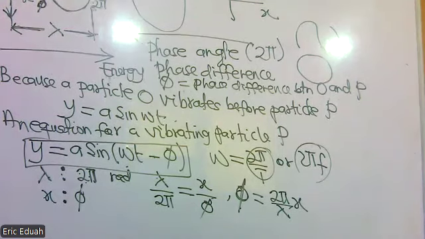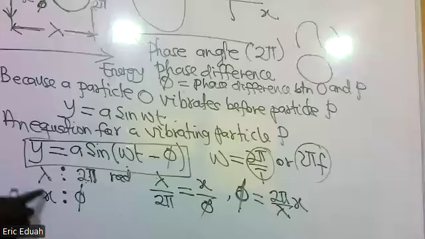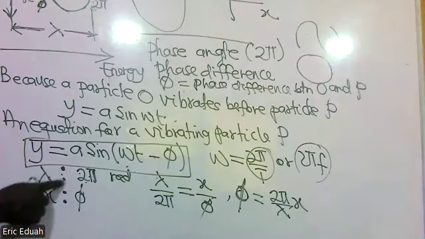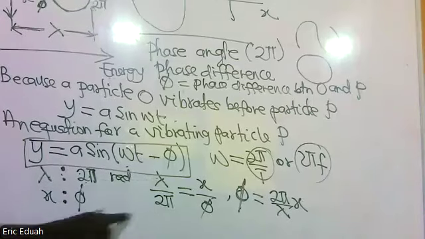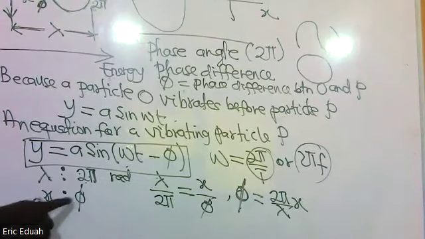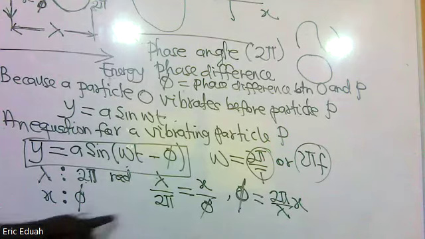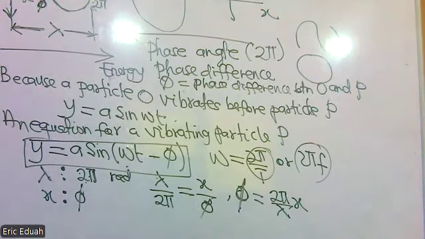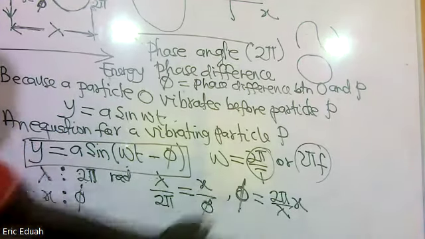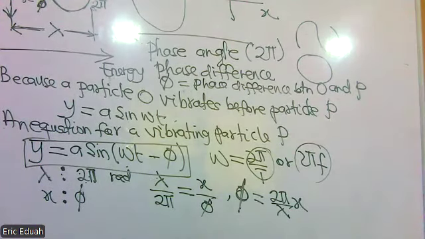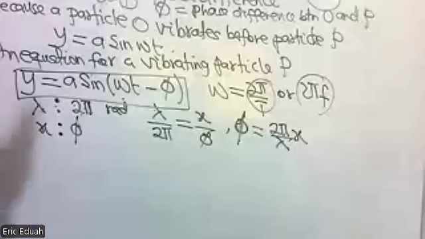Are you okay? Yes, please. Now, all that I'm doing here is that lambda is to 2 pi means lambda over 2 pi. x is to phi means x over phi. Then I make phi the subject and came to this point. I hope all is well. Yes, please. Thank you. It's not difficult, you just need to understand what we are doing.